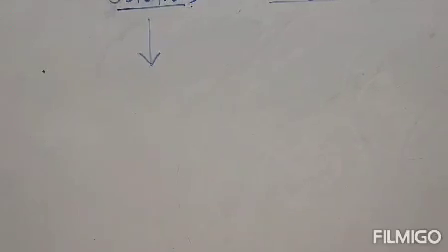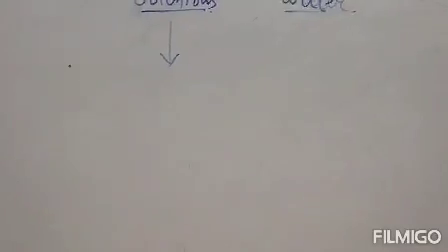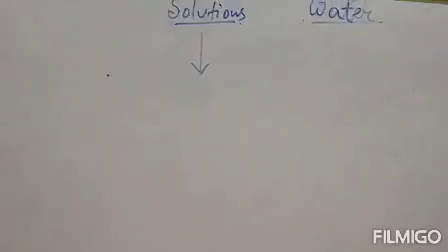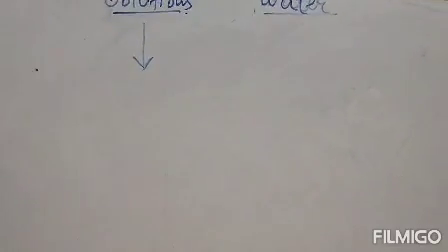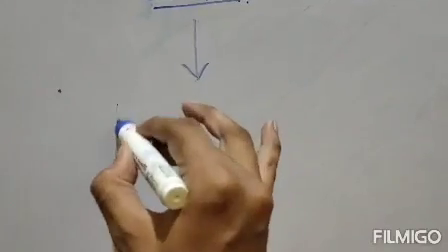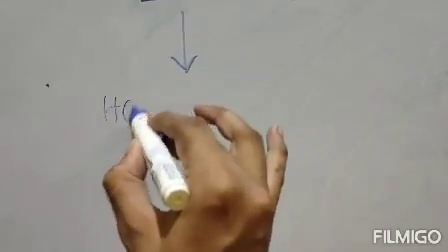In chemistry language, the definition is a homogeneous mixture of two or more components whose composition may be gradually changed by changing the relative amount of the components. That means if we change the relative amount of a component, the composition will gradually change, and this is a homogeneous mixture.